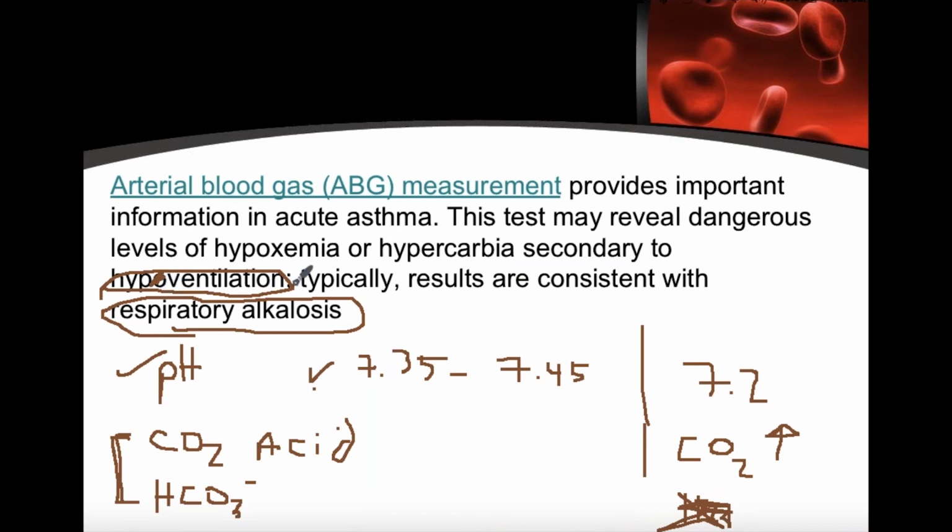Somebody write Medscape and tell them hyperventilation is what causes respiratory alkalosis. Maybe they'll give you a recognition or something like that. Who knows? All right, so hyperventilation is respiratory alkalosis. Hypoventilation is respiratory acidosis.